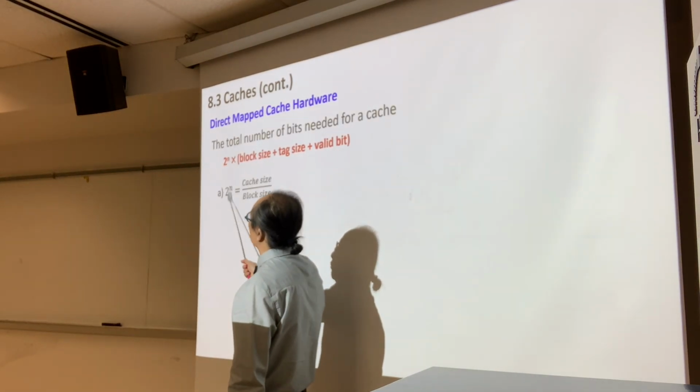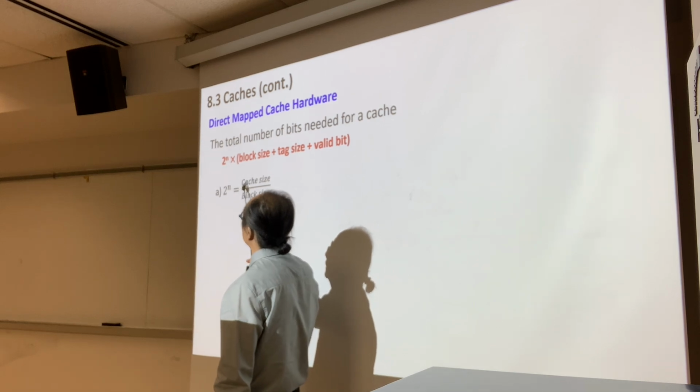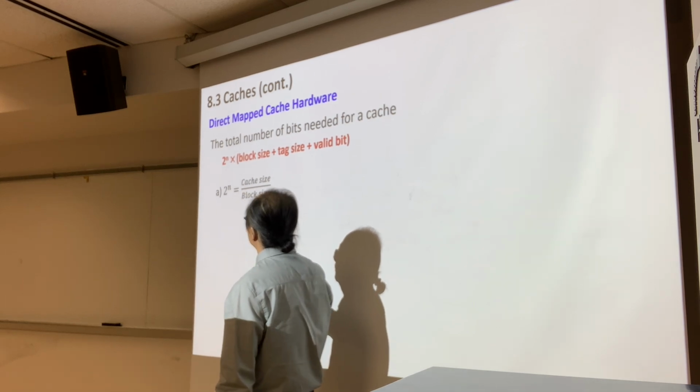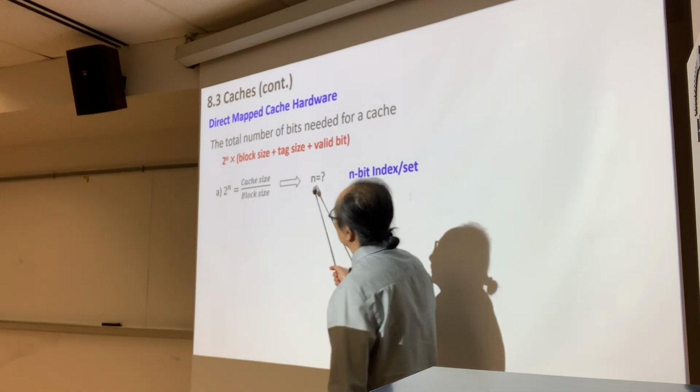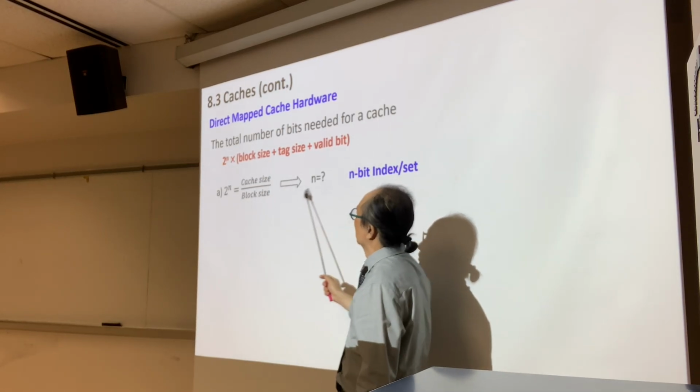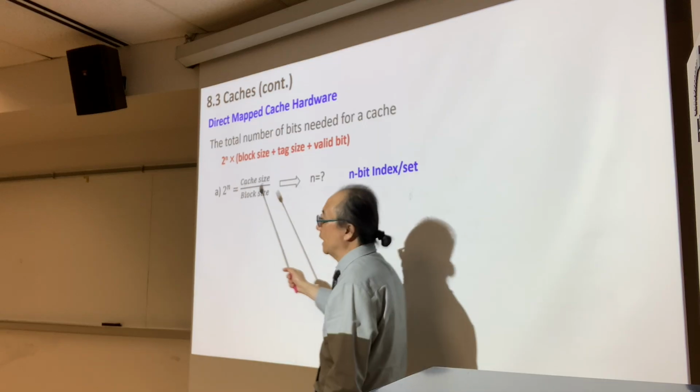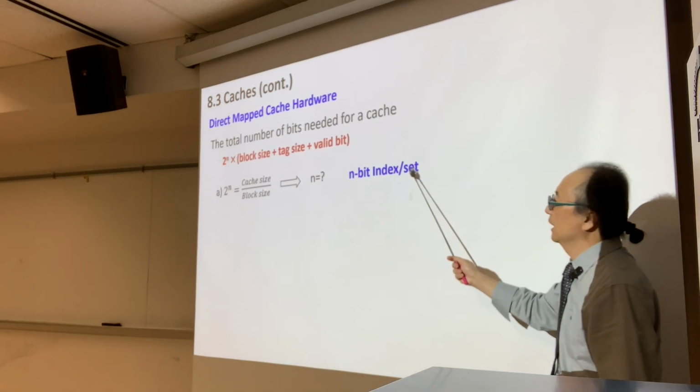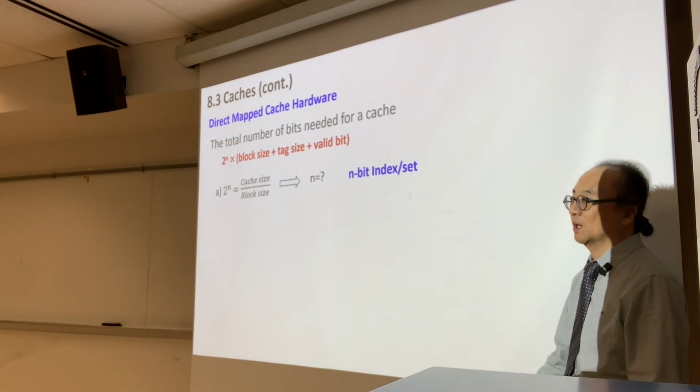So what we need to do, we need to have the cache size divided by the block size. From there, we need to figure out what's the n value, and that n is the total number of bits for index.